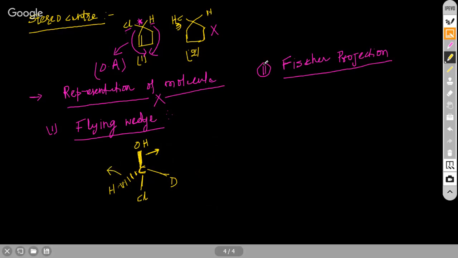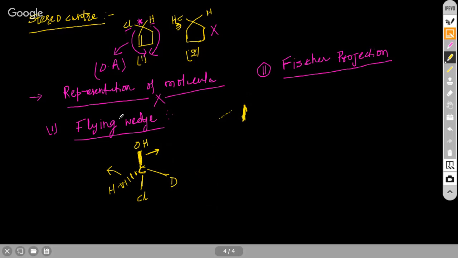You must have seen this kind of bond connected with the dotted line, and another kind of bond drawn with a thick line. What is the meaning of these two bonds? The bond represented by the dark wedge is coming towards the observer. I am looking towards my screen, and you are looking towards your screen.